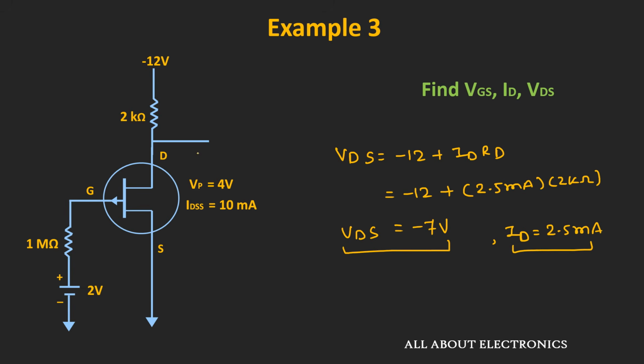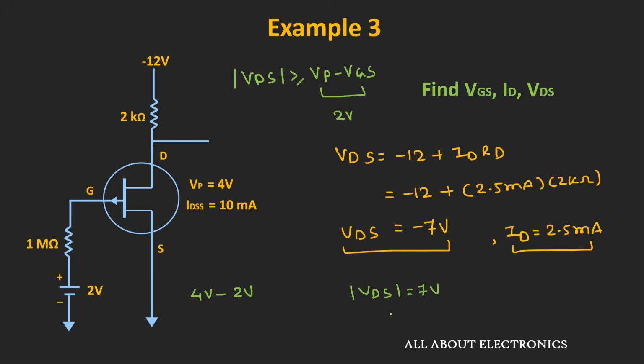Now let us validate that the given circuit is indeed operating in the saturation region. For that, the magnitude of the voltage VDS should be greater than or equal to VP minus VGS. Here the pinch off voltage VP is equal to 4 volt and VGS is equal to 2 volt, so VP minus VGS will be equal to 2 volt, and the magnitude of the voltage VDS is equal to 7 volt.